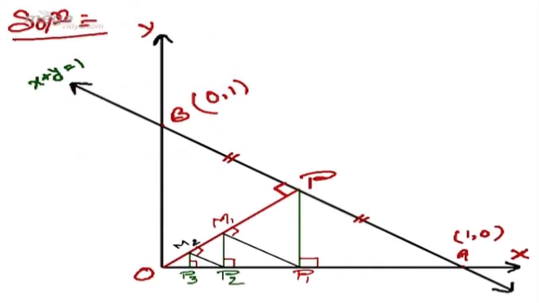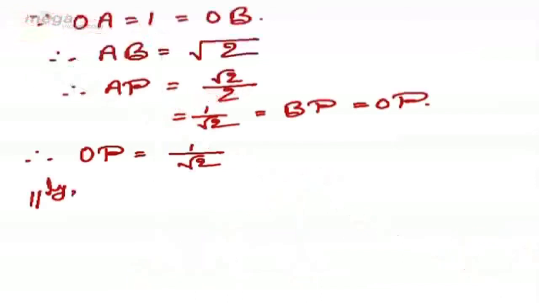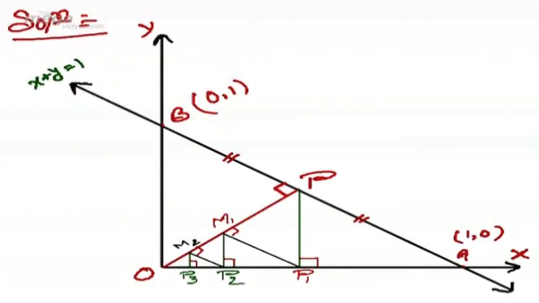Now student, from this figure you get OP. P1M1 is perpendicular, so P1M1 is half of OP, which is the same as M1P, because here also this is perpendicular and this angle is 45 degrees.